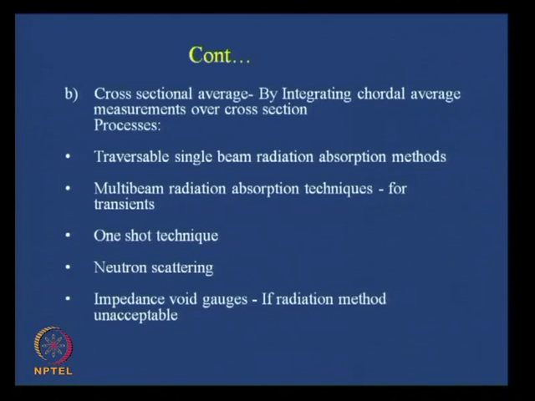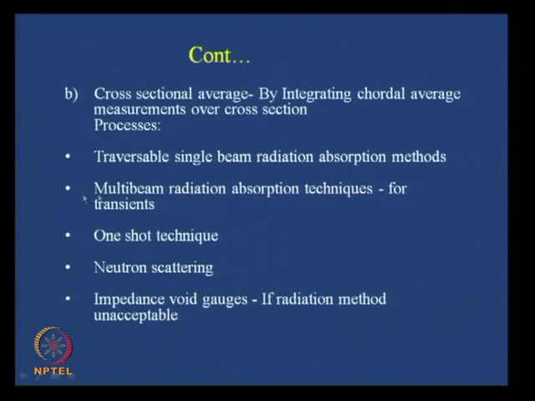Next is for cross sectional average void fraction. I have already discussed the different ways by which we can obtain cross sectional average. It can be either by radiation absorption or by impedance techniques. We have to integrate caudal average measurements over the cross section, and I have already told you the different methods. Either we can traverse a single beam radiation or use a multi beam radiation at one time.